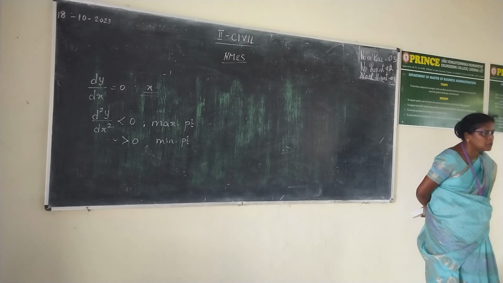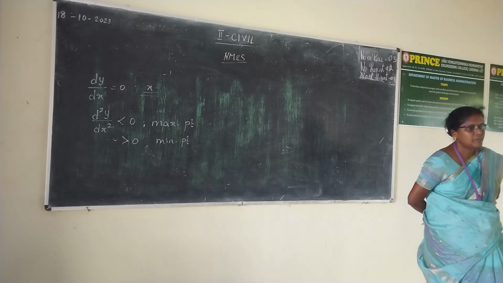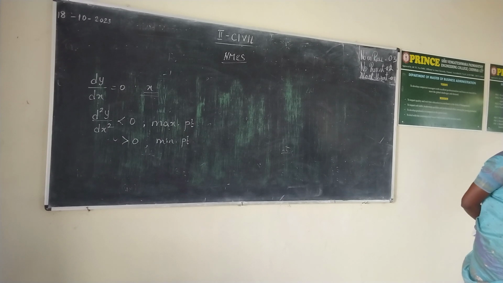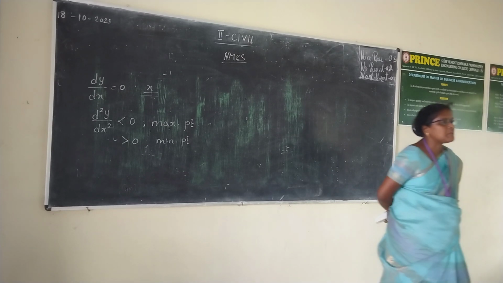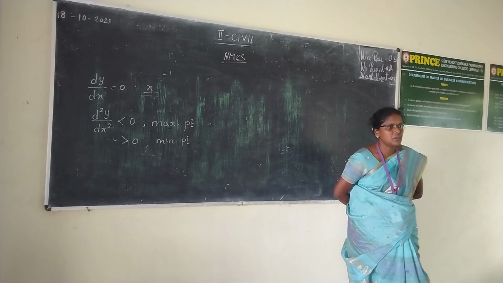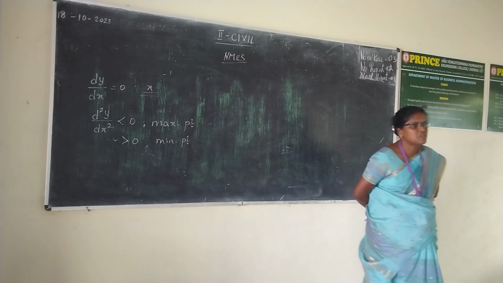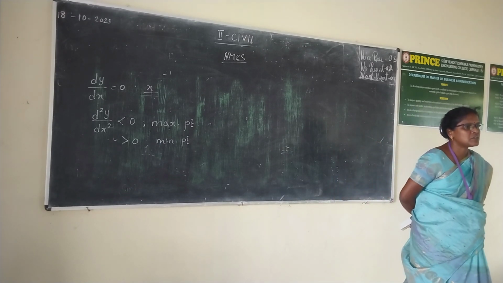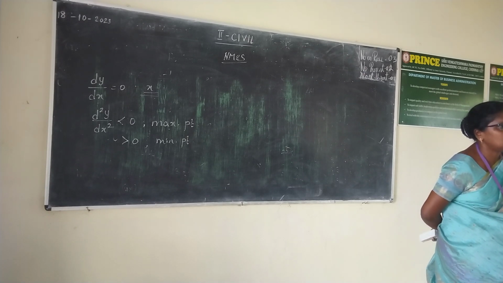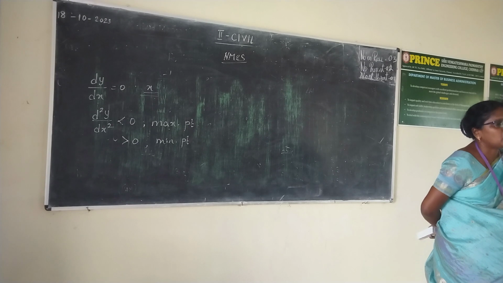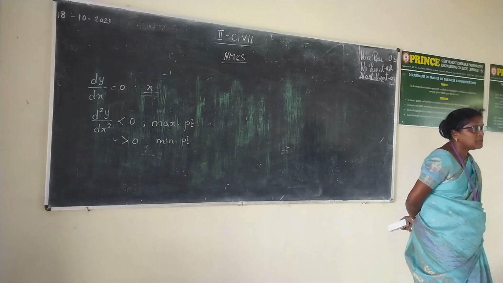Solve and find the x values. Full stop. Substitute the x values in d square y by dx square, the second derivative.